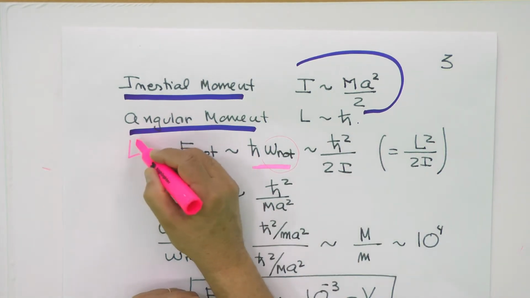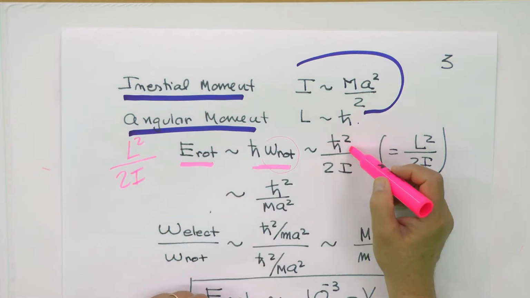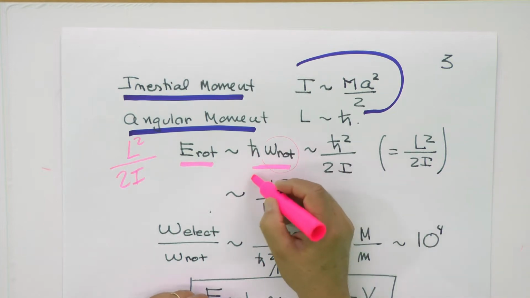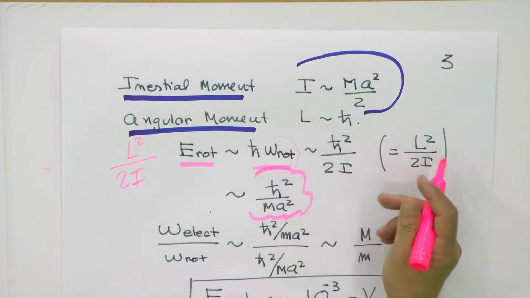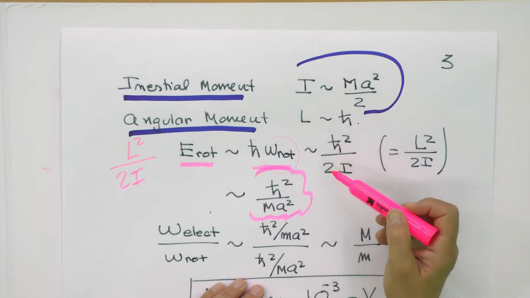Remember, this energy is L squared divided by 2I. L squared is h bar squared, and 2I is just ma squared. So the energy of the rotation is h bar squared divided by ma squared, which of course can give us the energy.